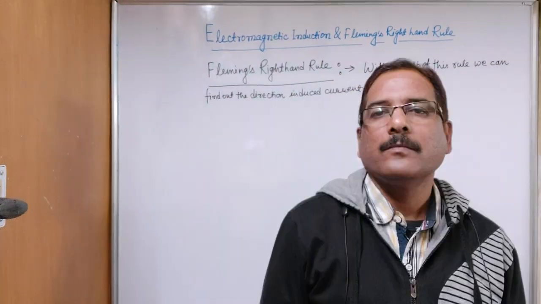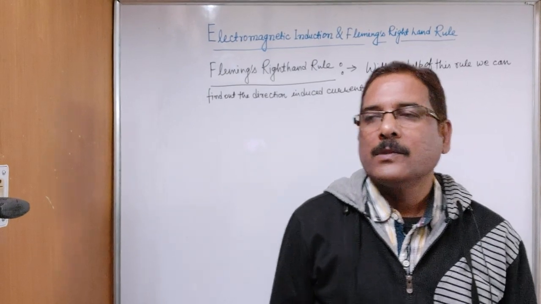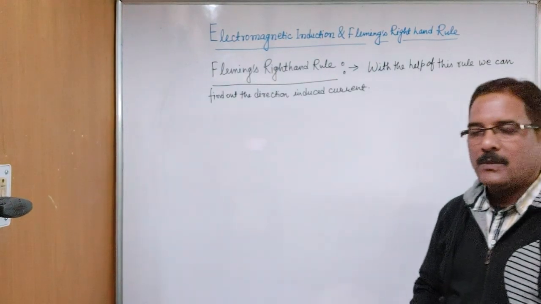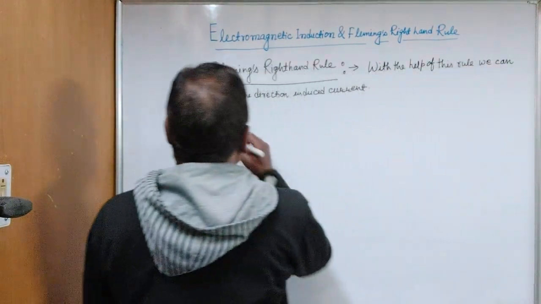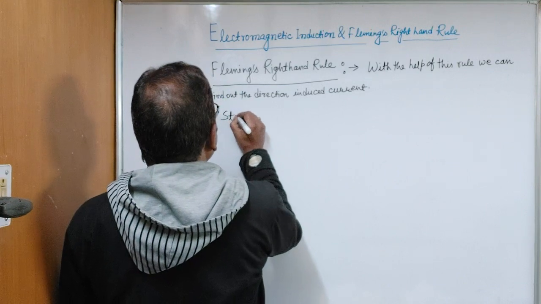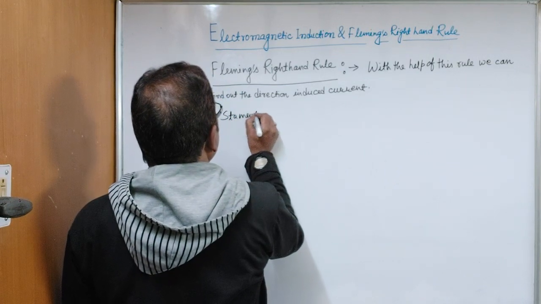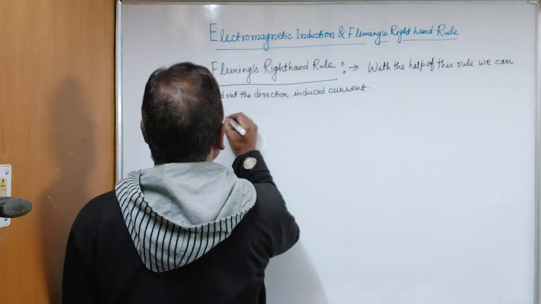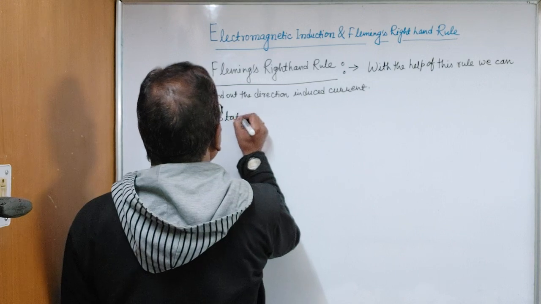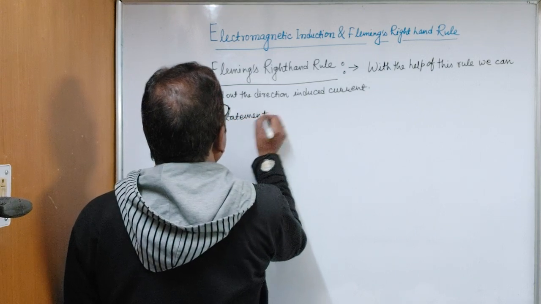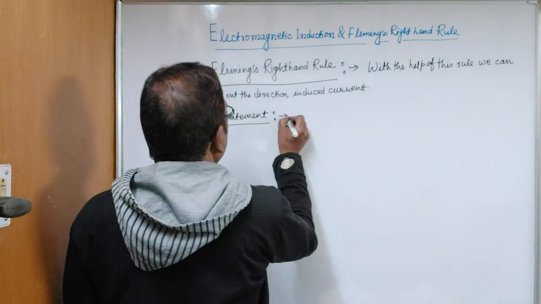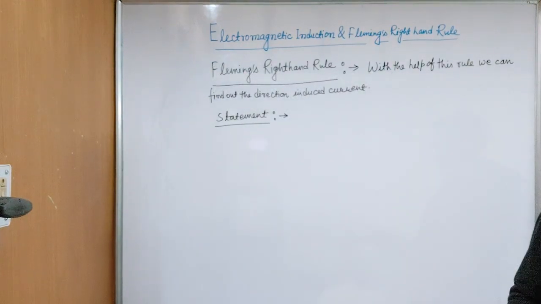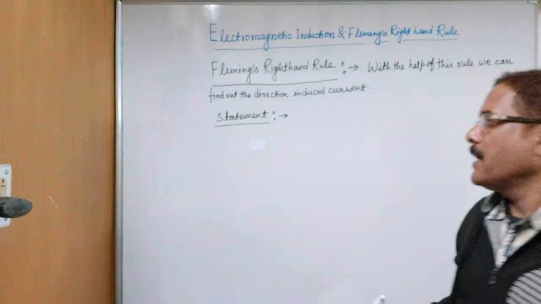Write it. So the purpose is that we can find out the direction of induced current. Now the statement. Because sometimes you can get a question to state the rule. So write down the statement.